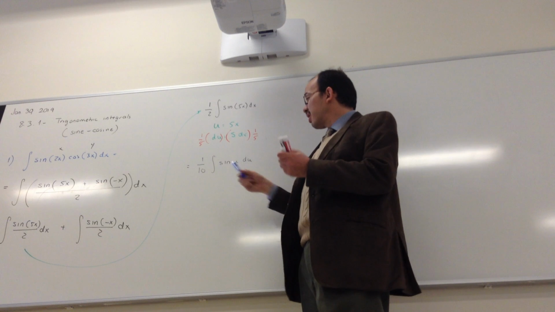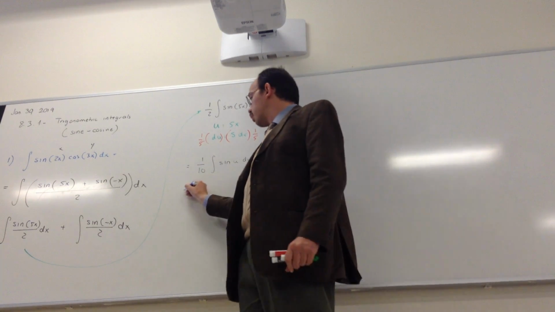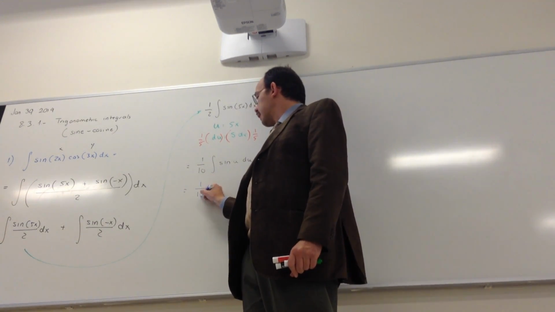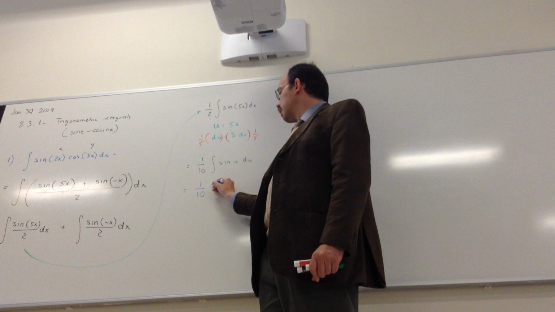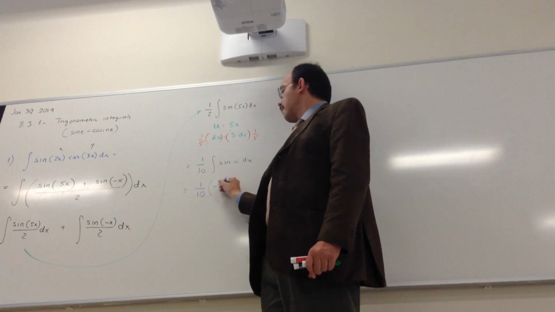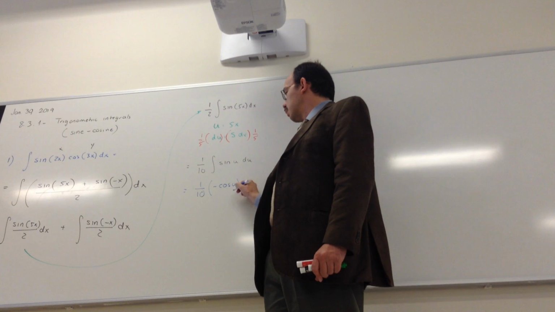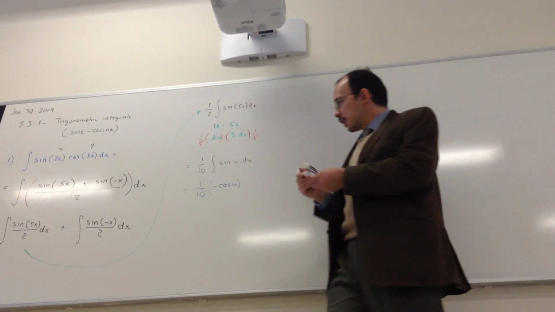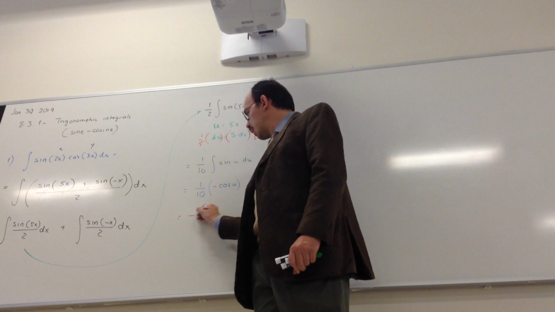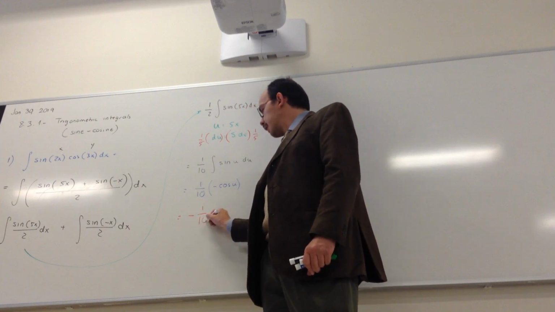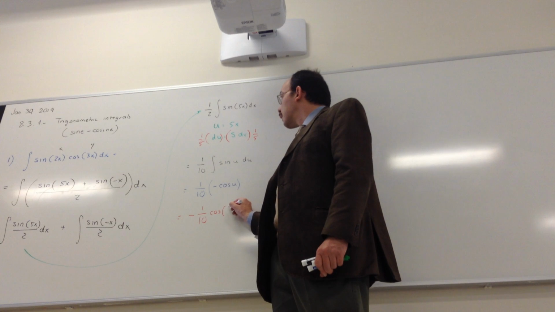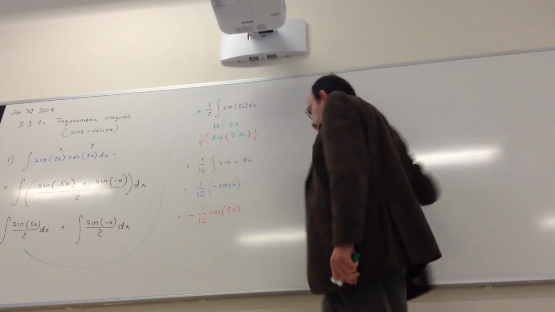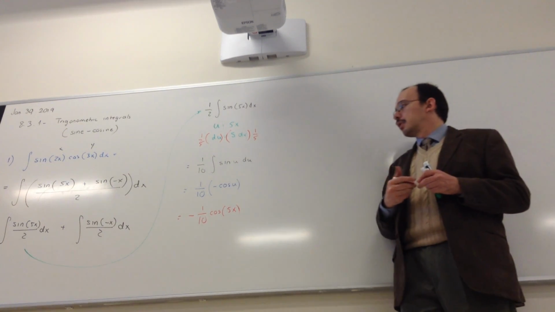So can I integrate that? Yeah. It's going to be 1/10 integral of sine of u, minus cosine of u plus c, but I need also the other one. So this final part here is going to be minus 1/10 cosine of 5x plus c, or any other.